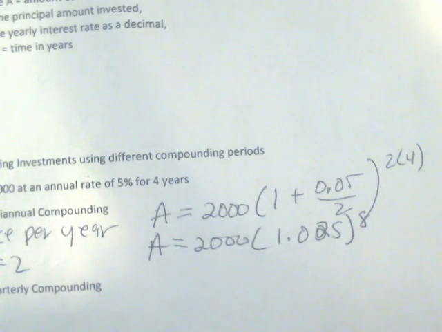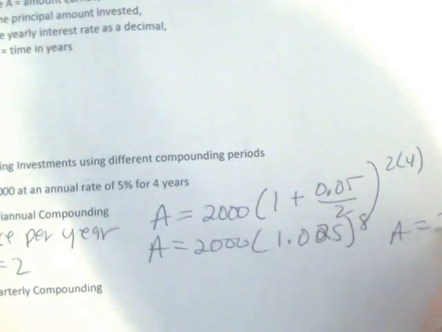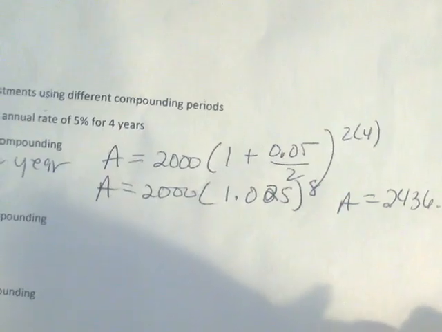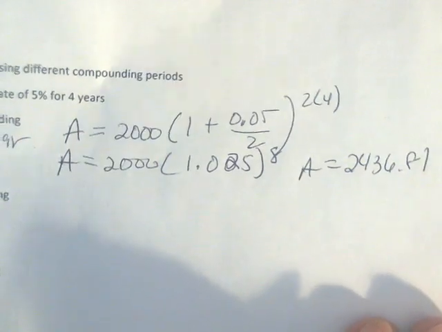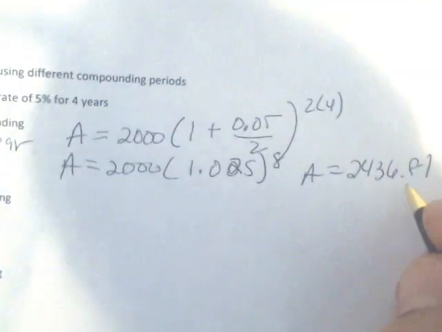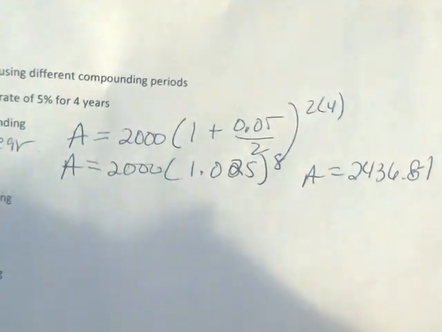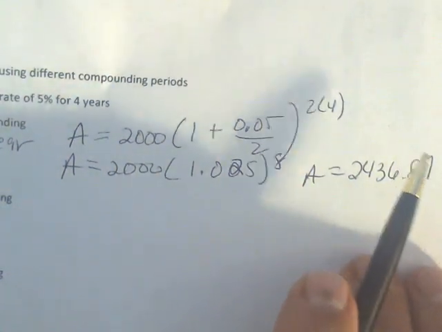And so you should get $2,436.81. Okay, so that's compounding twice a year for 4 years at 5% interest. So if you're still taking time, just pause the video and check your numbers.